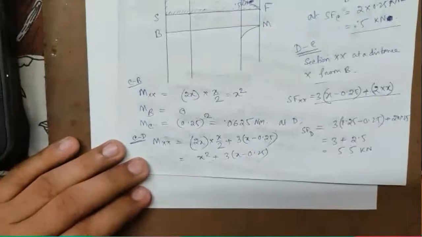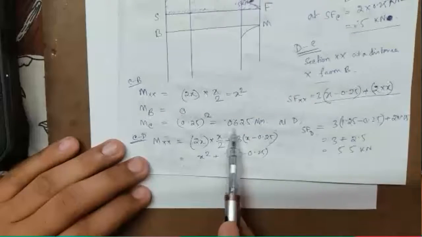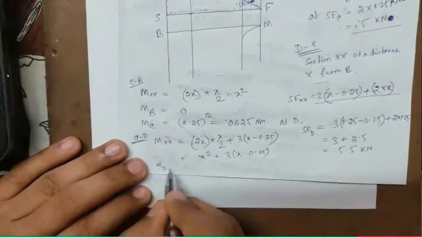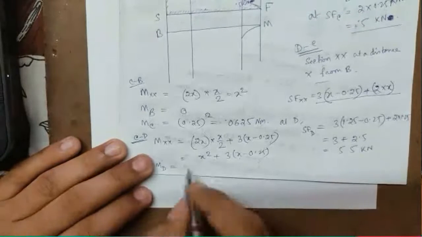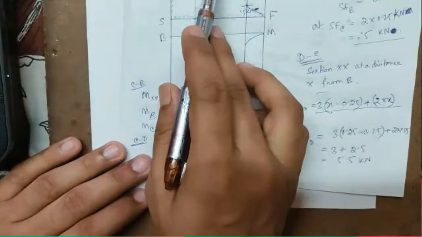Now at C we can get the load from here. So at D the x value will be 1.25.